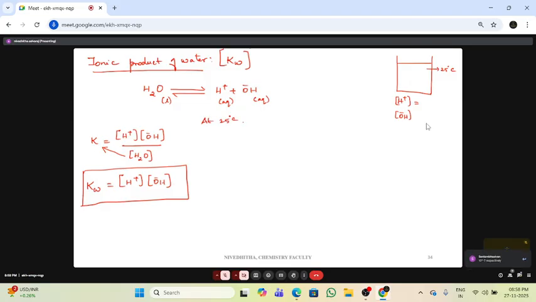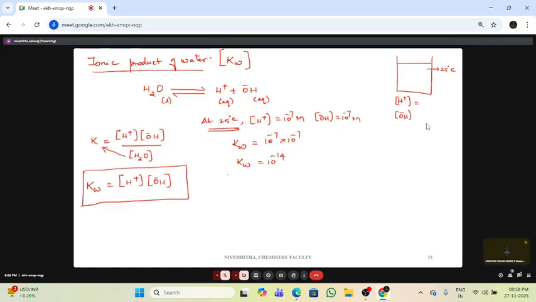So the concentration of H plus ion is 10 power minus 7 molarity, and the concentration of OH minus is also 10 power minus 7 molarity. So at 25 degrees Celsius, what will be the value of Kw? 10 power minus 7 into 10 power minus 7. So the Kw value is 10 power minus 14.